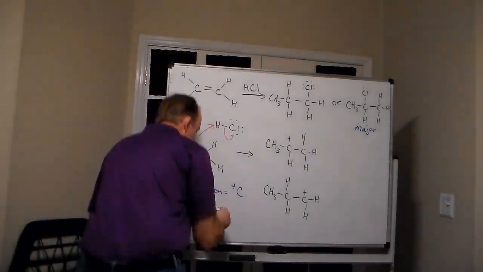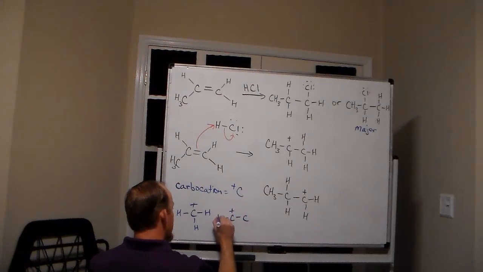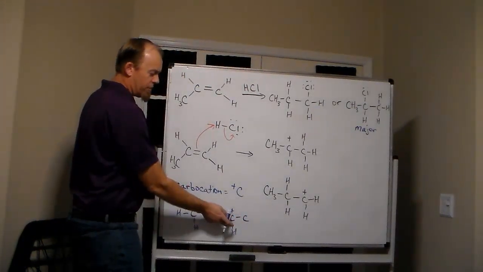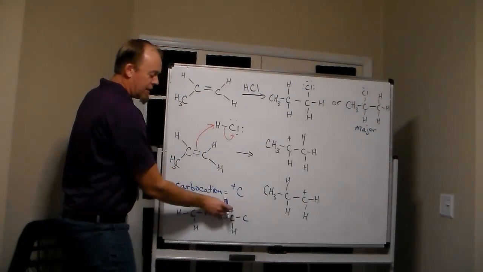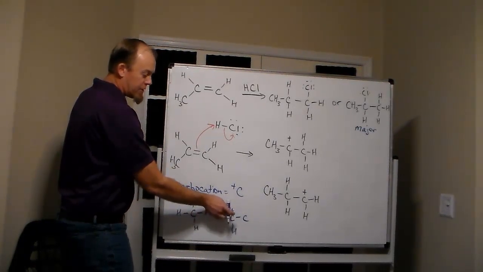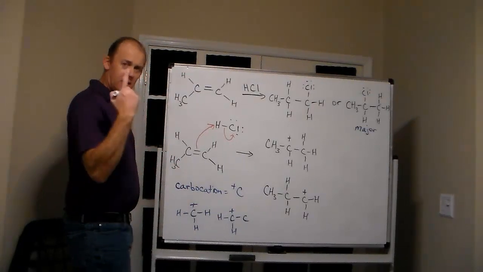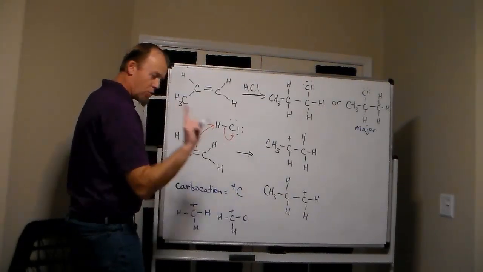But what we see is that as we add more carbons to it, it gets more stable. This carbon is attached to another carbon, it's more stable than this one here. We would call this a primary carbocation, primary like first one, because that carbon's attached to one other.